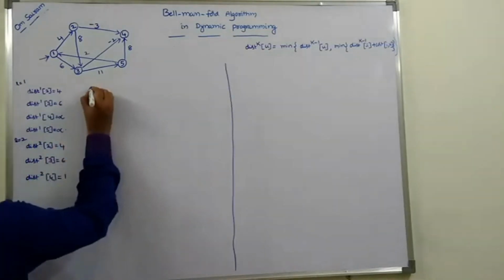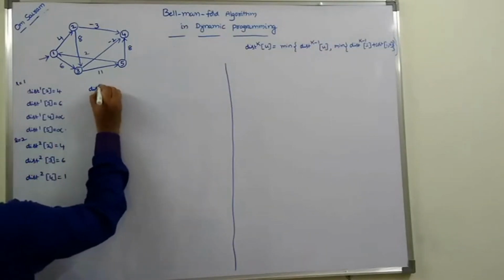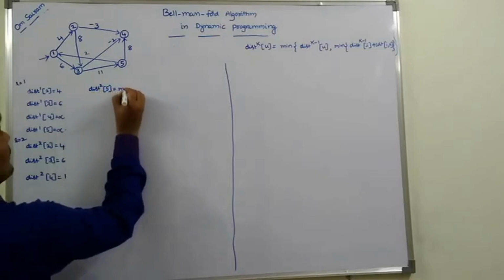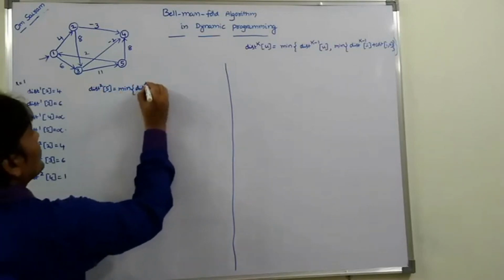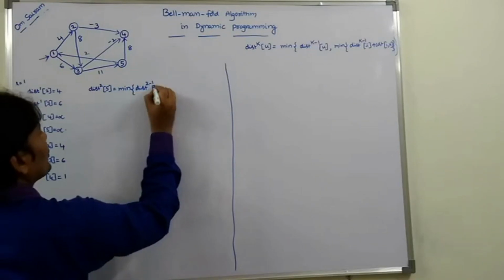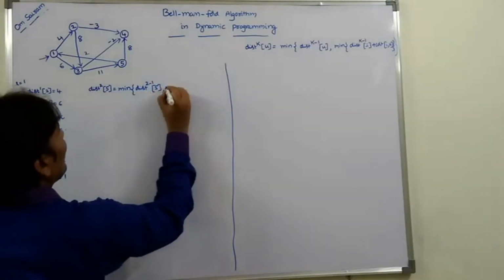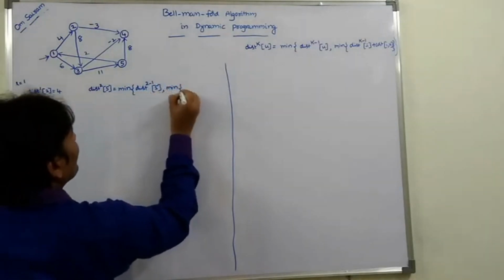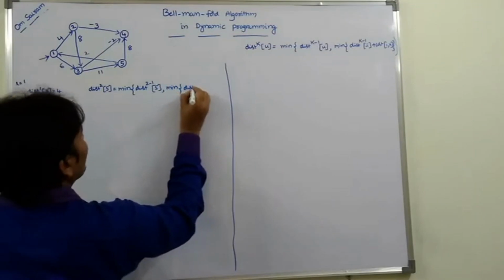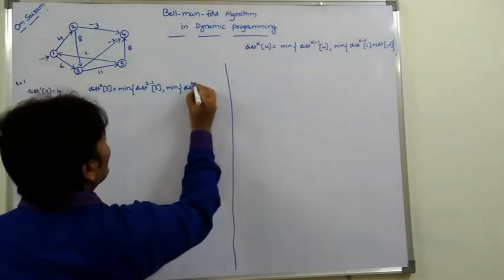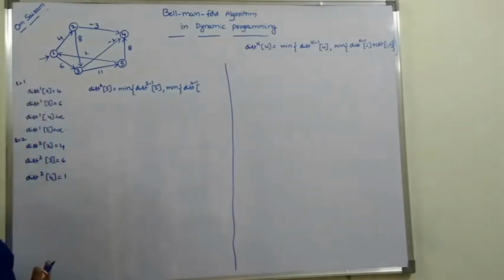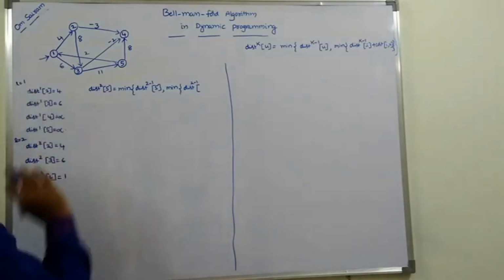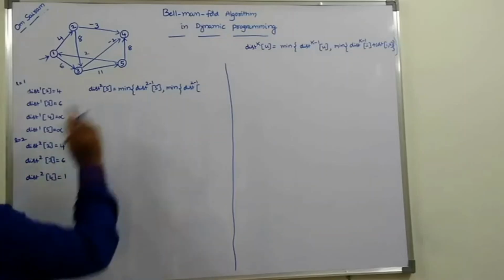Next, dist 2 of 5 is equal to the minimum of dist 2 minus 1 of 5 comma the minimum of dist 2 minus 1 of i. There are 5 vertices, so vertex 1 is not considered and vertex 5 is not considered.